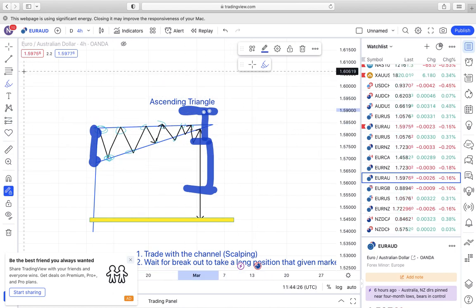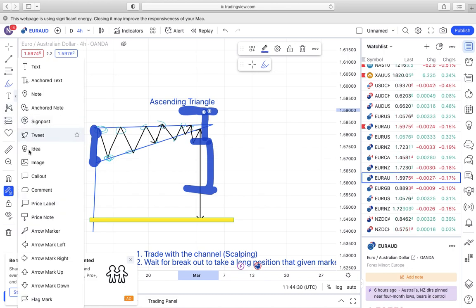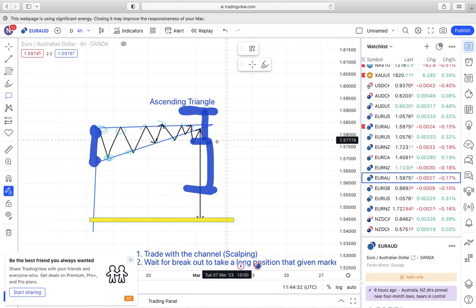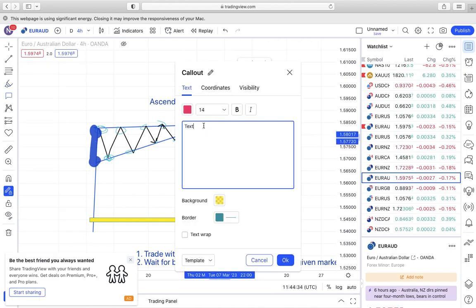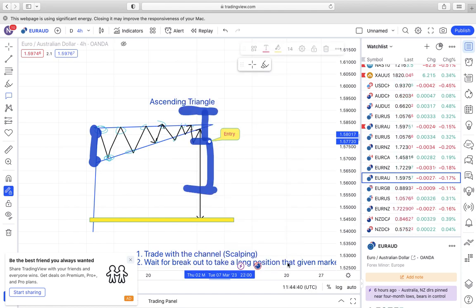Now we are going to name them very well. This is the entry. You wait for the structure to be broken and retested. You enter.